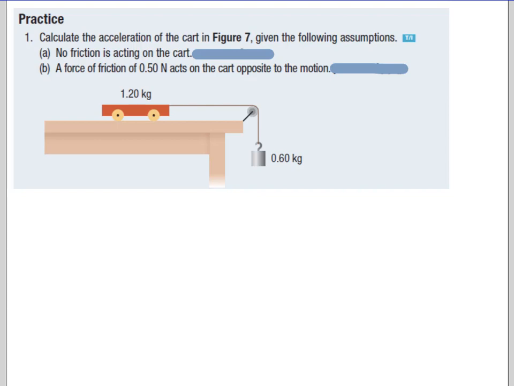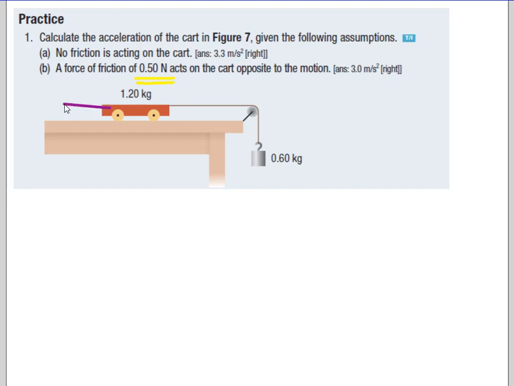Hopefully you had a chance to try it. So the answer would be 3.3 meters per second squared for the acceleration. If you add the friction piece in there, just so we're clear, this little friction piece right here changes the free body diagram.